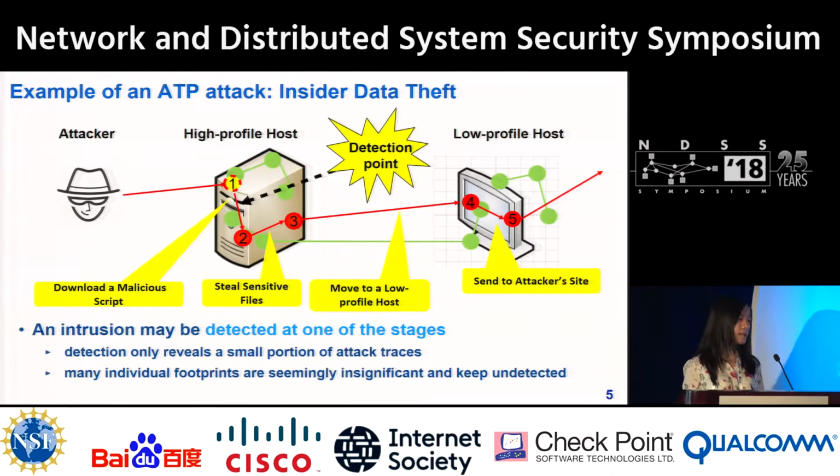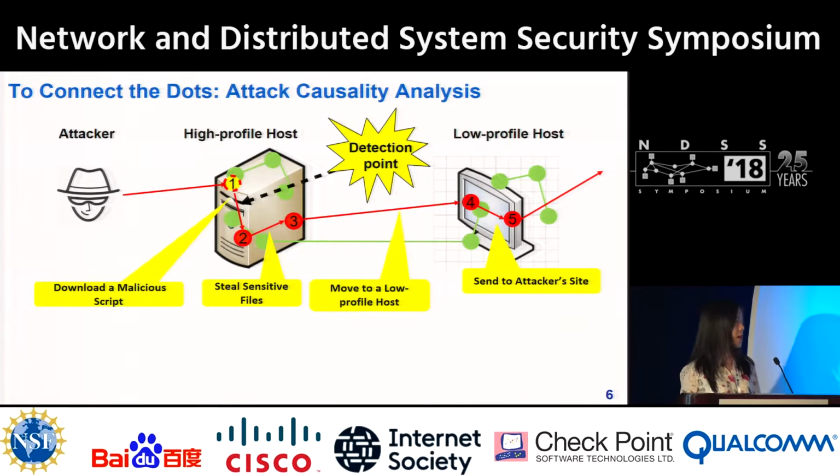So in this process, detection systems can raise alerts at one of these stages. For example, antivirus programs can capture the malware dropped on the target system. In our case, the firewall monitoring the incoming traffic can reveal a suspicious packet and thus identify the first step in this attack.